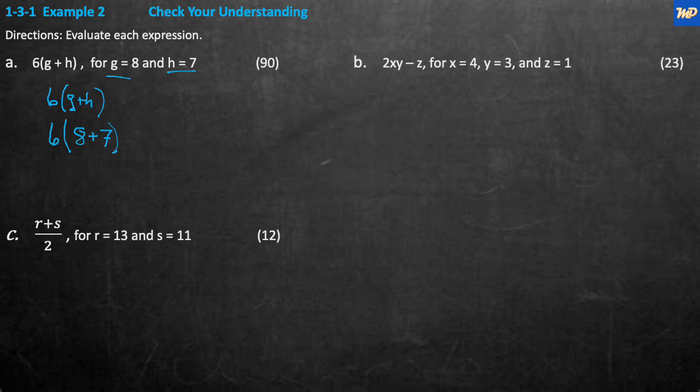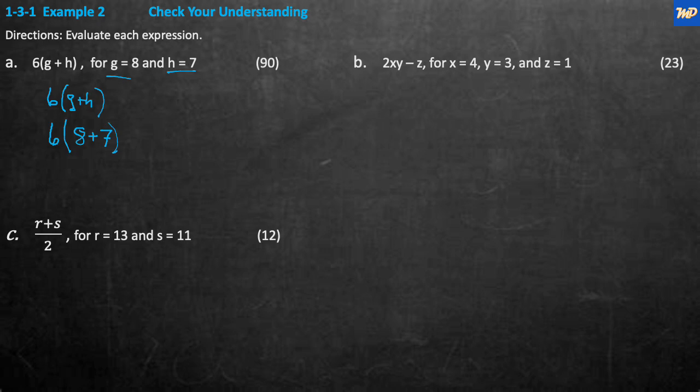Okay, so now the variables have been replaced. Normally you would say I'm going to do multiplication first, but you can't. You have to do the parentheses first, everything that's inside the parentheses. And even though this is addition, that's what's inside the parentheses, so you have to do it first.